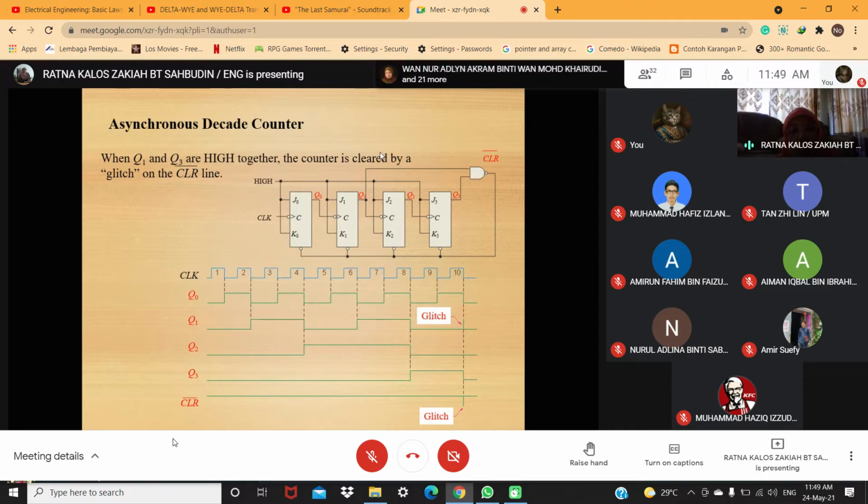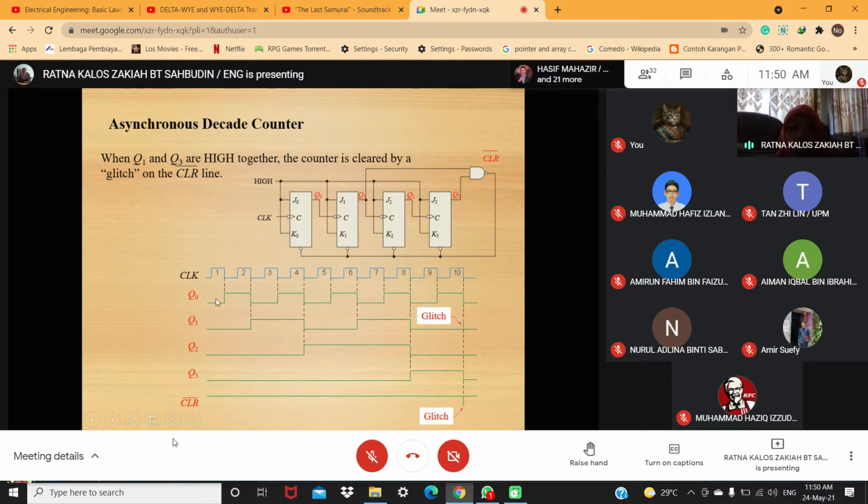See, it's already drawn for you. Okay, when Q1 and Q3 are high together, the counter is cleared by a glitch on the clear line. Okay, so see why this is happening? Now look at here. This is the clock. And this is bubble. So you look at the negative edge. Now look at the Q0 first.